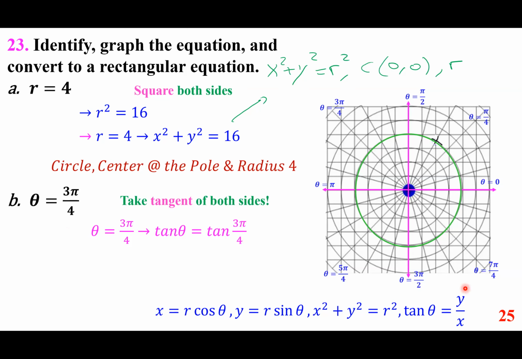Tan of theta is what? y over x. So y over x is negative 1, which means y is minus x. So when theta is 3 pi over 4, y is minus x. And that's a line through the origin going through 3 pi over 4, 7 pi over 4 in essence.